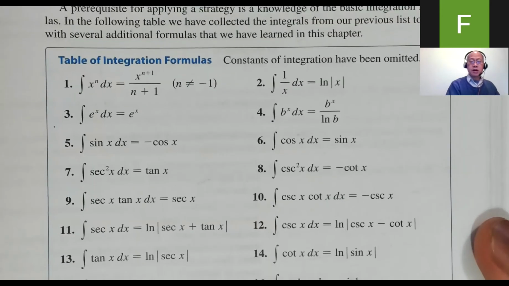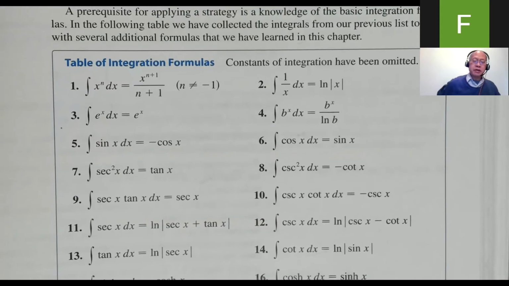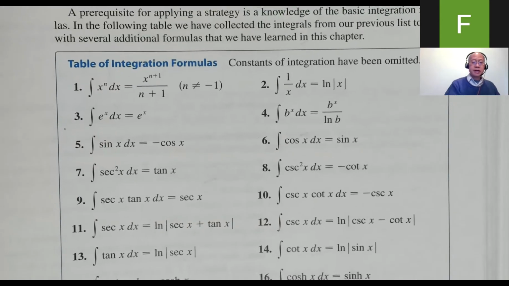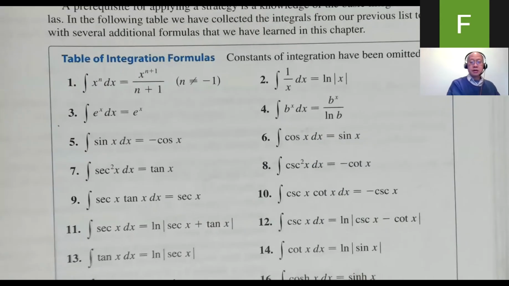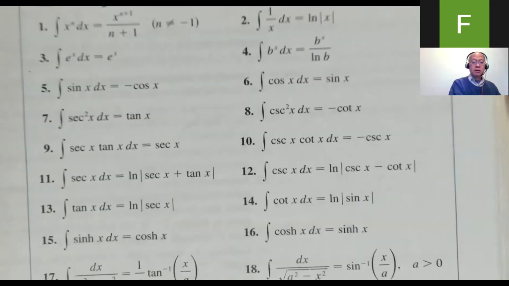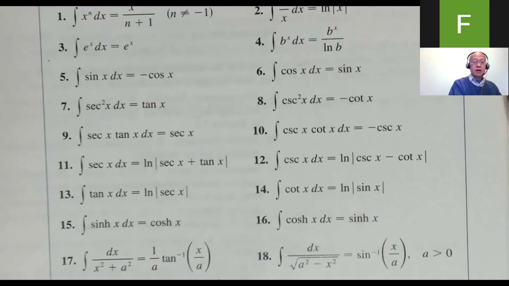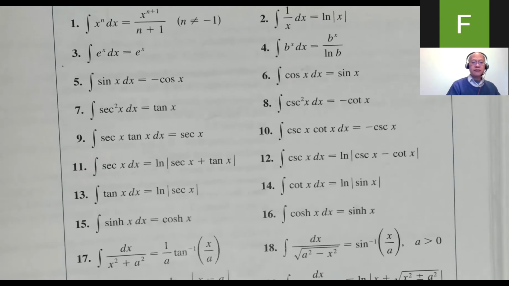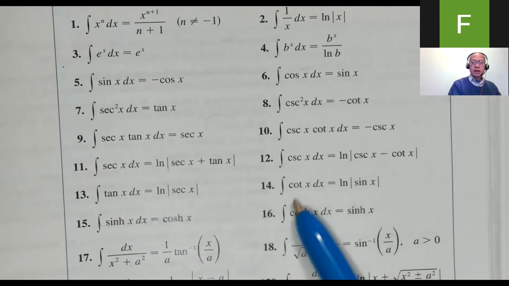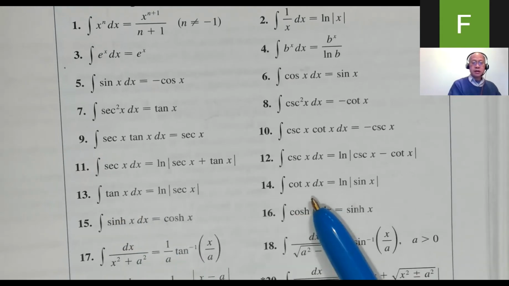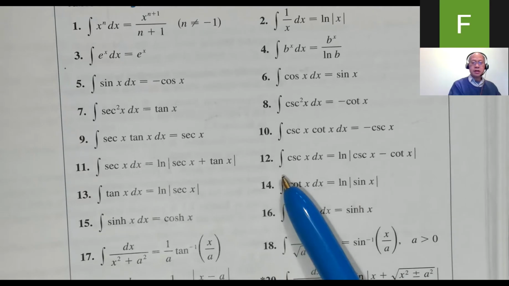Constants of integration have been omitted. So technically, we know it's supposed to be plus C. They got lazy and didn't put the plus C. But here's a whole table. And we have integral of tan, integral of cotan, integral of secant, integral of cosecant.